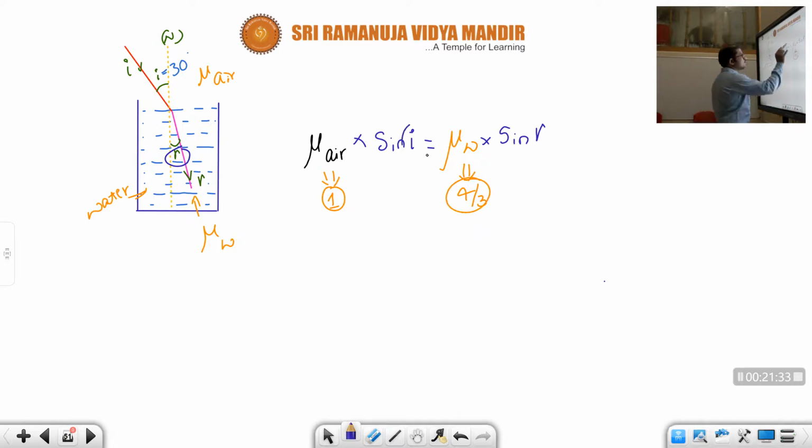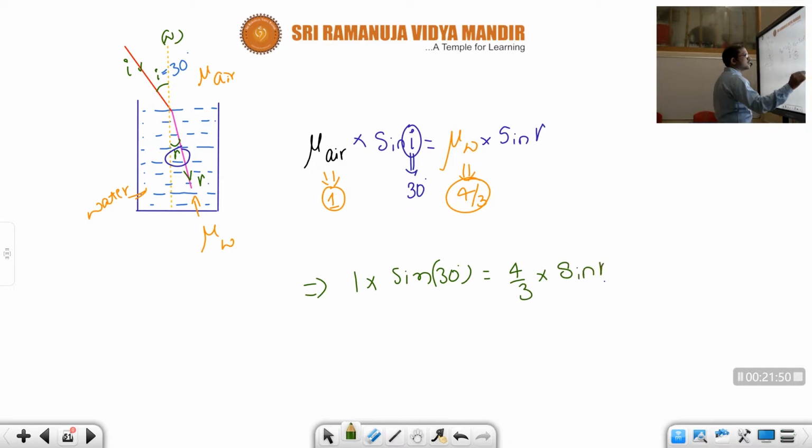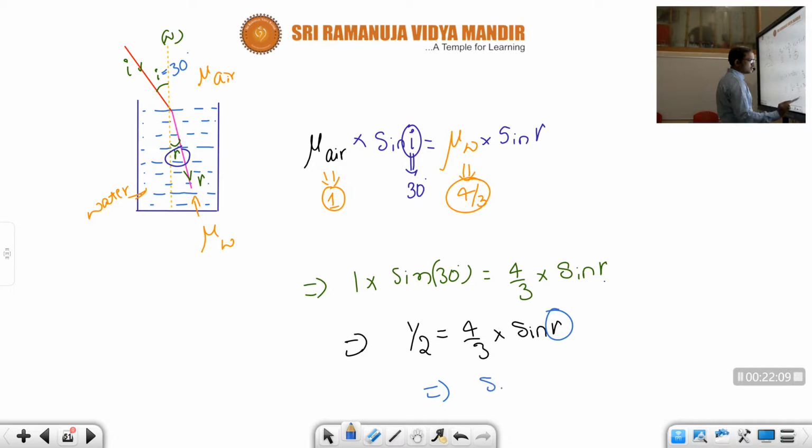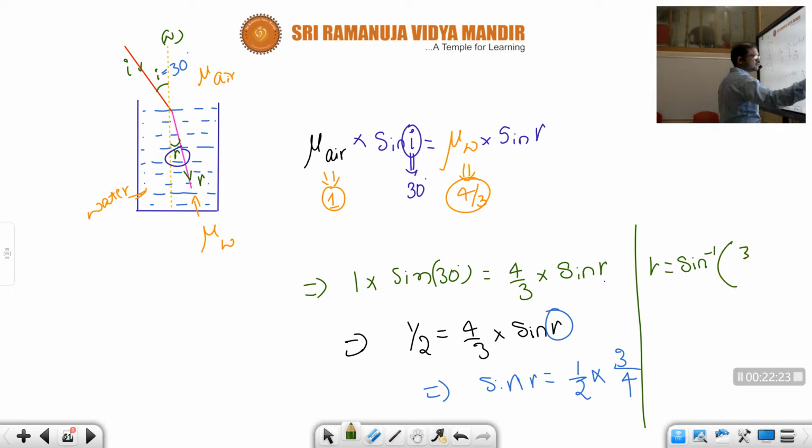So I value is 30. The next equation we can write as 1 into sin 30 is equal to 4/3 into sin R. Let us find what is R. Sin 30 is 1/2, which is equal to 4/3 into sin R. To get R, sin R is equal to 1/2 into 3/4, and from here R is equal to sin inverse 3/8.